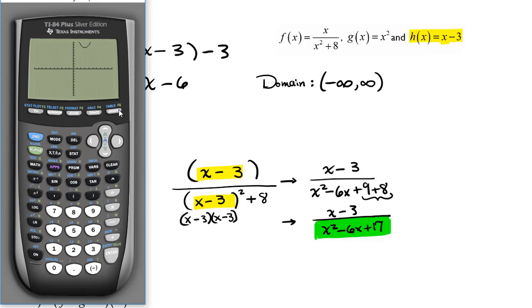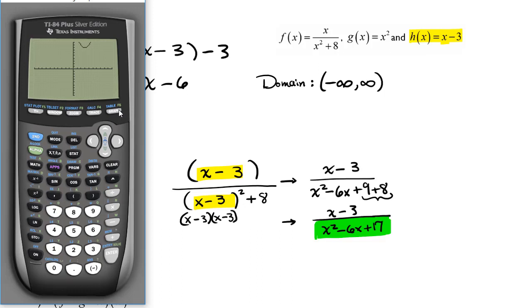The window is in Z standard, and you can see that there's only a small portion of the parabola showing in the top right quadrant. It's an opening upward parabola, and it never touches the x-axis. We can then be sure that our domain values are not restricted by the values in the denominator.